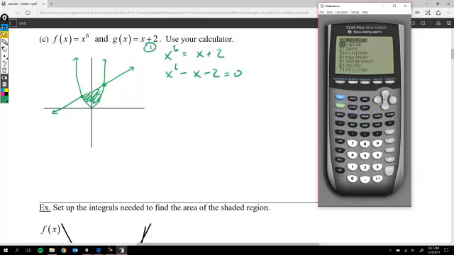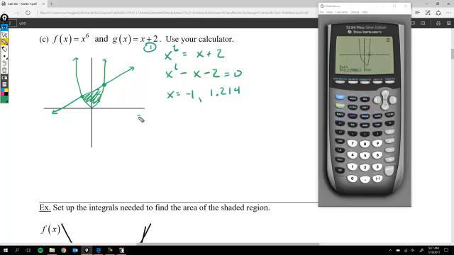All right, so let's find these intersections. My first intersection is -1, so I'm going to write that down. And then we can do that again. My second intersection is 1.214. We truncate after 3 decimals.